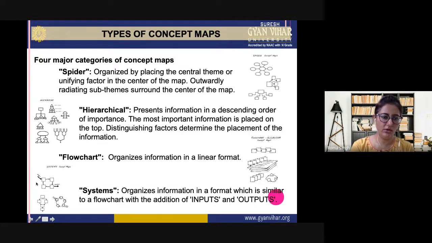So this is how input is done. Then there is a linear format in the form of a flowchart, and then there is an output. So what kind of input is there, then what is the topic and how it is going, and then there is an output.